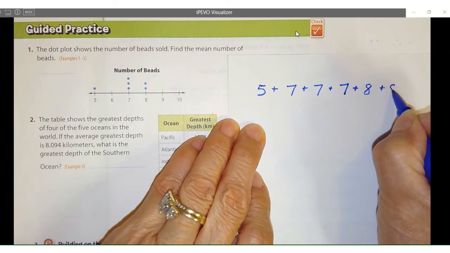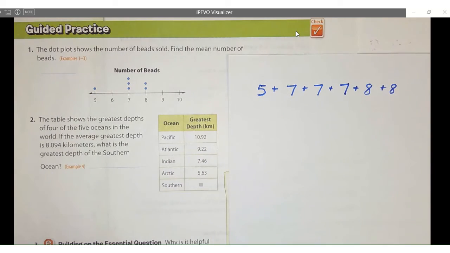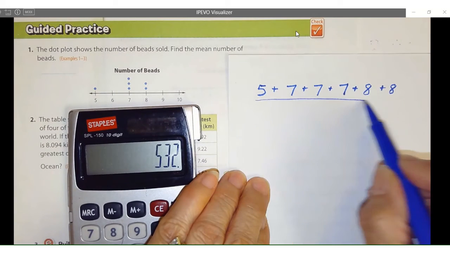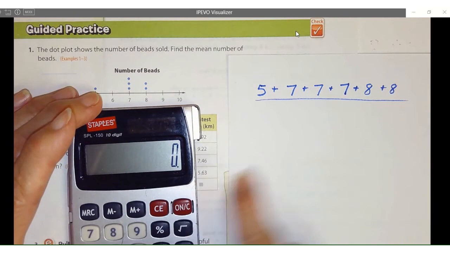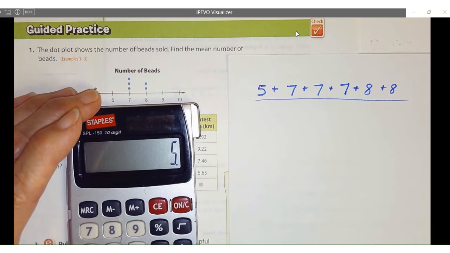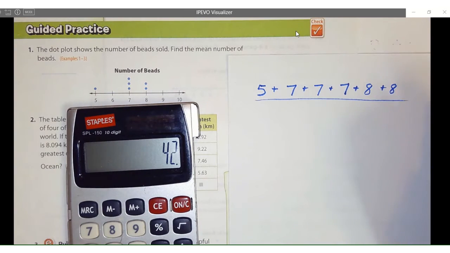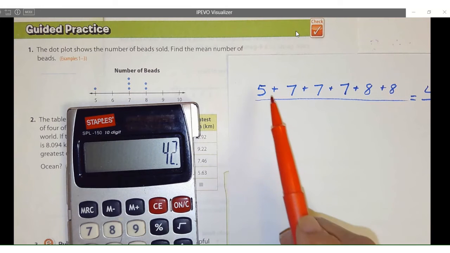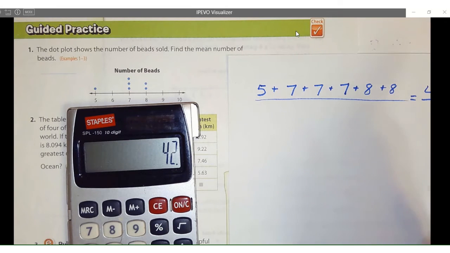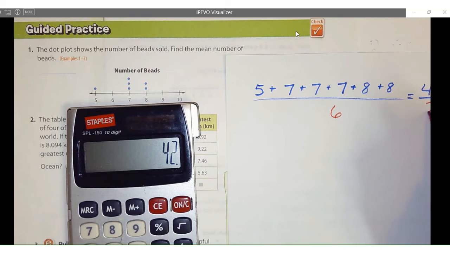Let's go ahead and total those. 5 plus 7 plus 7 plus 7 plus 8 plus 8 equals 42. We count the number of data pieces, items that we have. We have 4, 5, 6. Excuse me, I'm sorry. That is a 6.